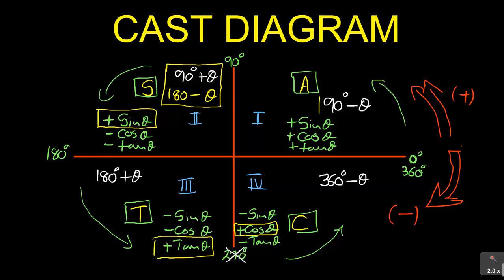Now, I want us to focus on 90 minus theta as well as 90 plus theta. So that is what we mean when we talk about the cofunctions. Here we're looking at two of them: 90 minus theta as well as 90 plus theta.